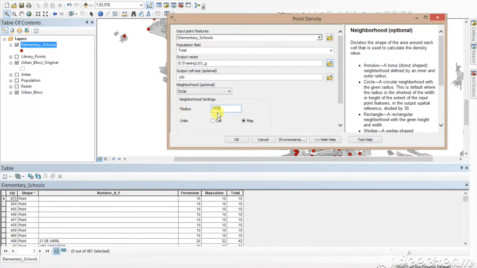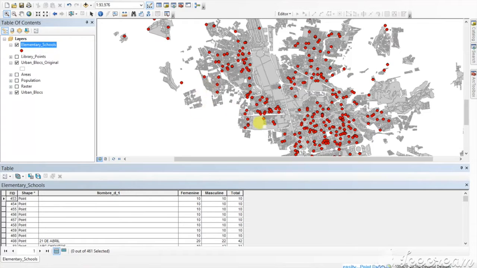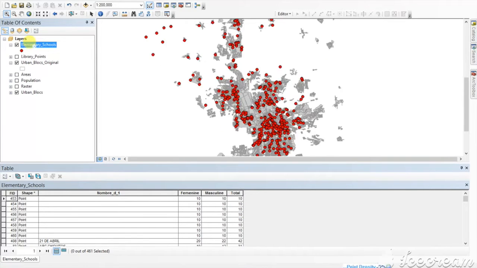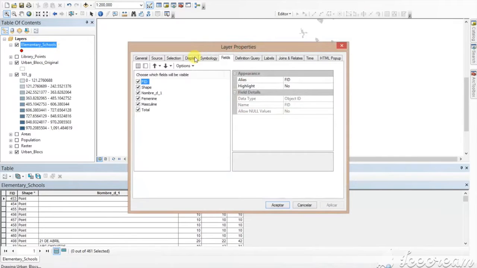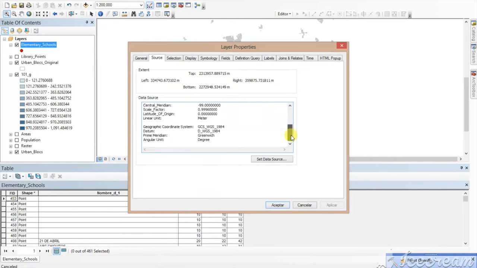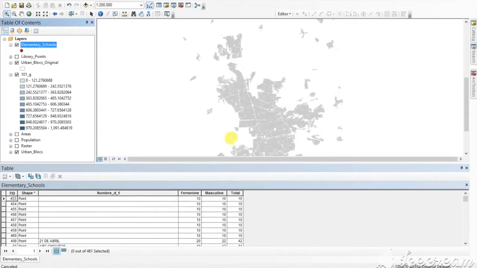And the radius, let's give it 1,000. One important thing to remember when you're running this kind of analysis is to check which units your shapefile is. So over here we see the projection, which is UTM, and the linear units are meters.